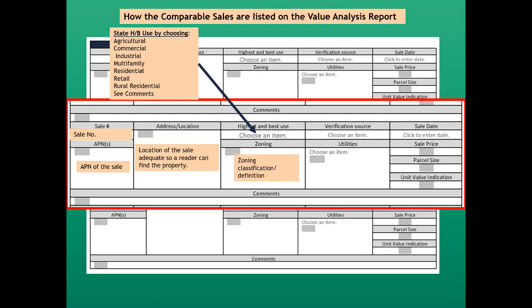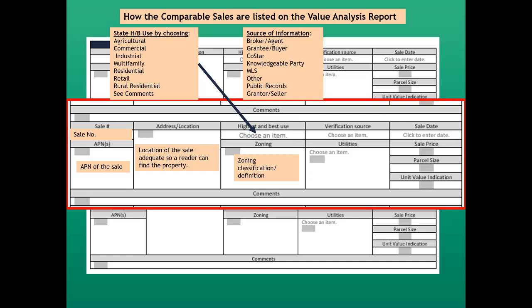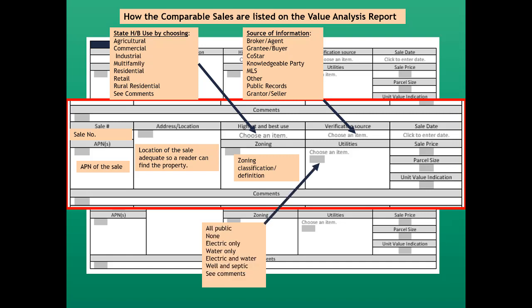The zoning classification and the definition of that classification goes in. We put in verification source, and again, we have choices to make because windows open up. Utilities, same thing. We put in what's available. We have a selection to choose from. We enter in the sale date. When we go in there, a calendar opens up, and we enter in the sale date of the comparable.